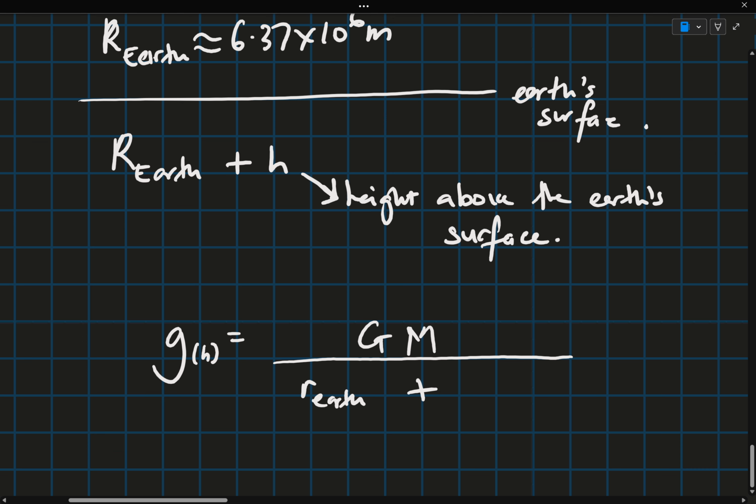All right, so let me change these to little r's because I don't want to confuse anybody wondering what big R is. But r is distance. So that's what we have there.